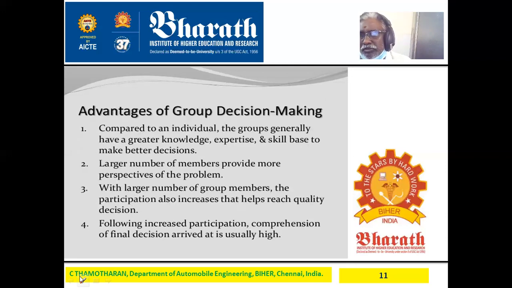So advantages of group decision making. There are a lot of advantages compared to individual decision making. Compared to an individual, groups generally have a greater knowledge, expertise, and skill base to make better decisions.